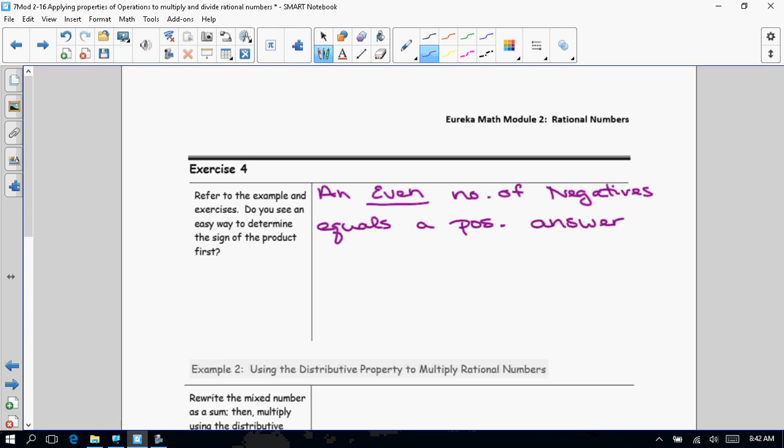And an odd number of negatives, and we're talking about in that original beginning problem, equals a negative answer.